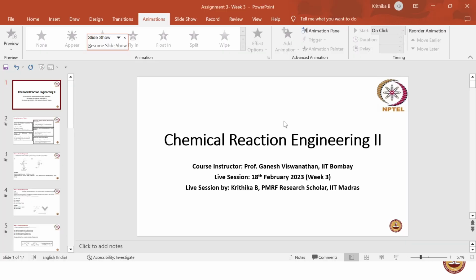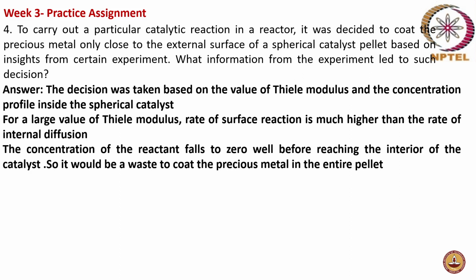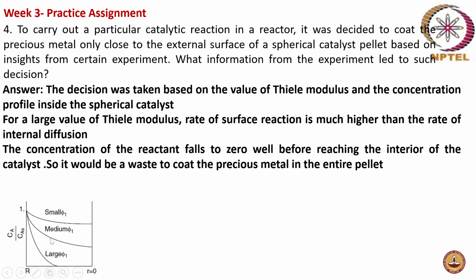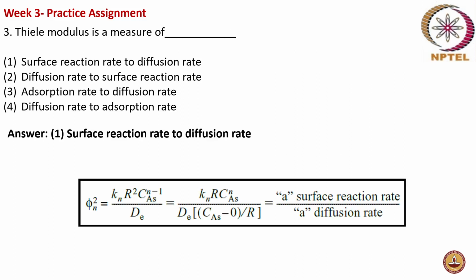So from that, what we can actually get is the concentration profile inside the spherical catalyst. So you can get some concentration profile like this. What happens is that when the Thiele modulus is very high, we can just look into the formula.